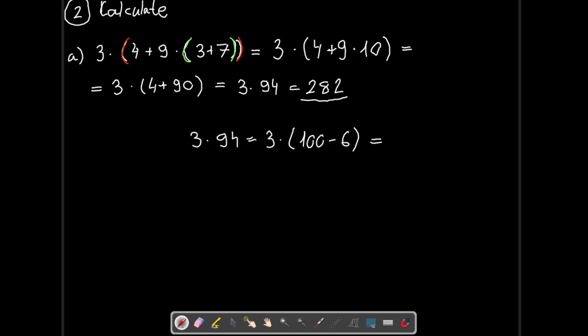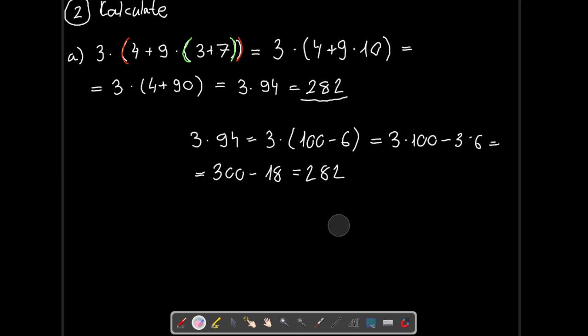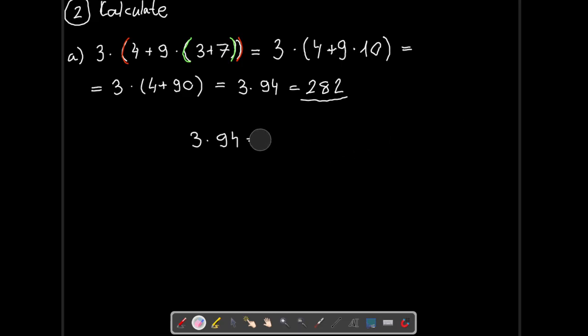Using the distribution, that's 3 times 100 minus 3 times 6, which gives us 300 minus 18, and that's exactly 282. That's how students usually do higher multiplication inside their head without using the column multiplication.